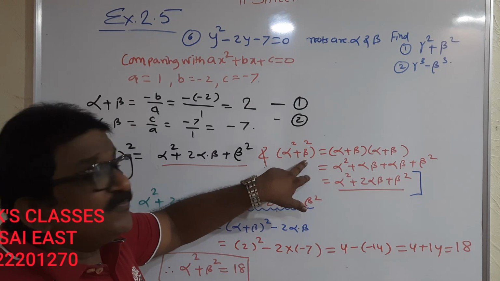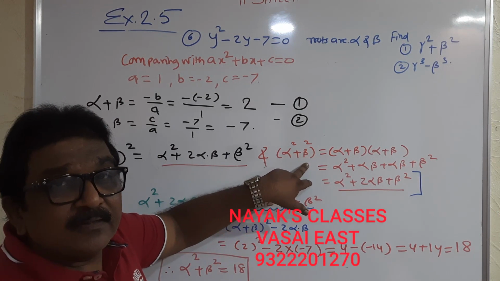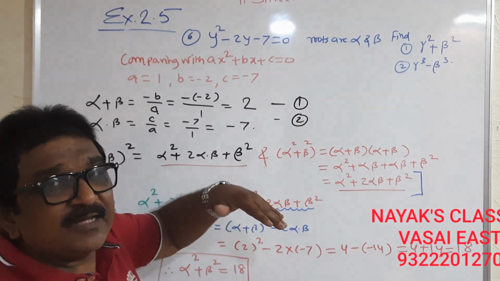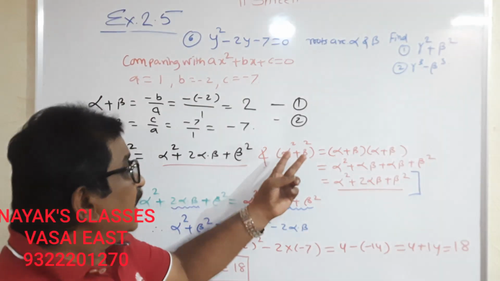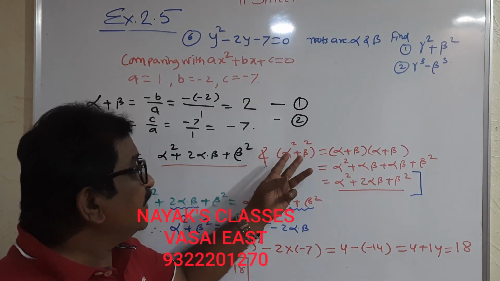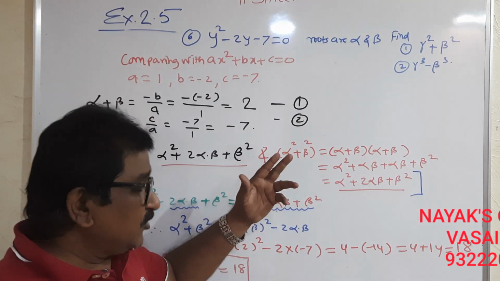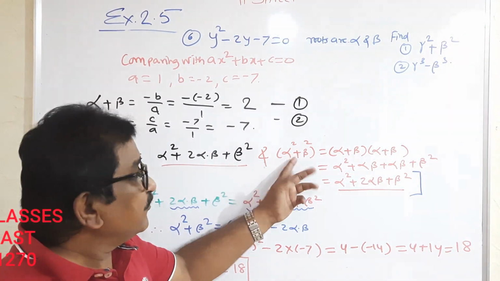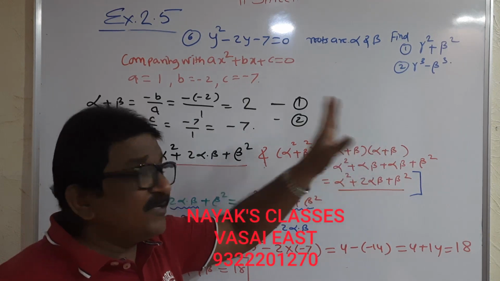Now, alpha square plus beta square means a square plus b square. I have written there alpha plus beta. You remind your olden days, alpha plus beta converted into a plus b the whole square. Sorry, a square plus b square means a plus b into a plus b.